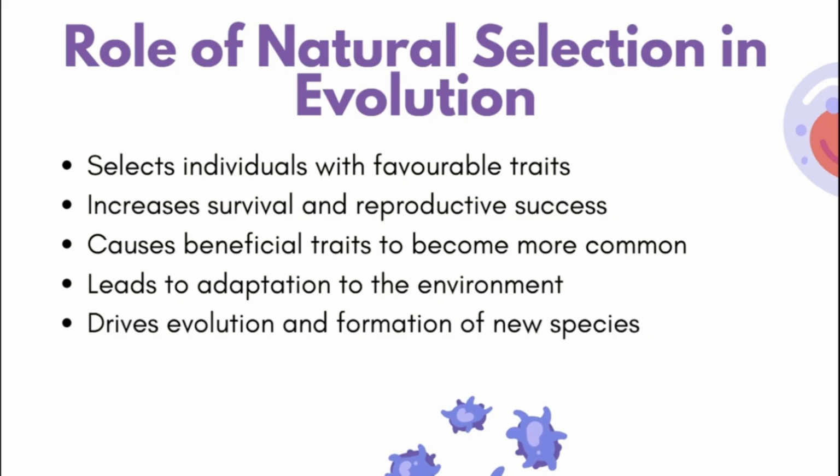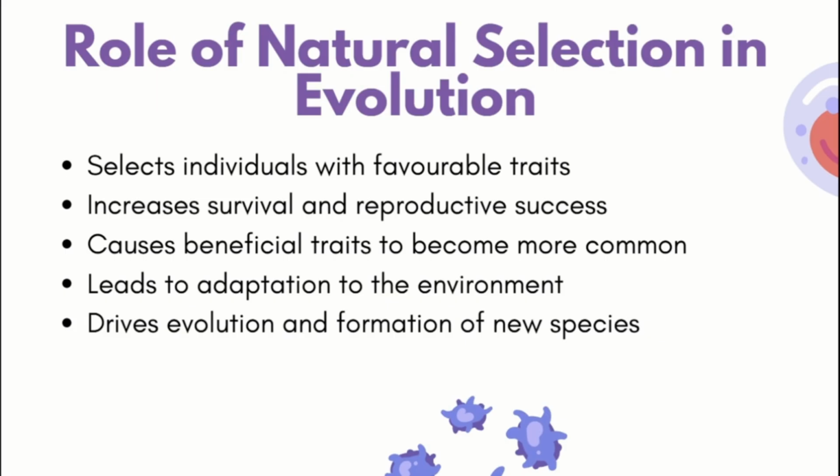Evolution is essentially the change in population over a long period of time. So we don't mean last week, last year, or even 10 years ago. We mean like 100 years plus, a very long time. That's what evolution talks about.